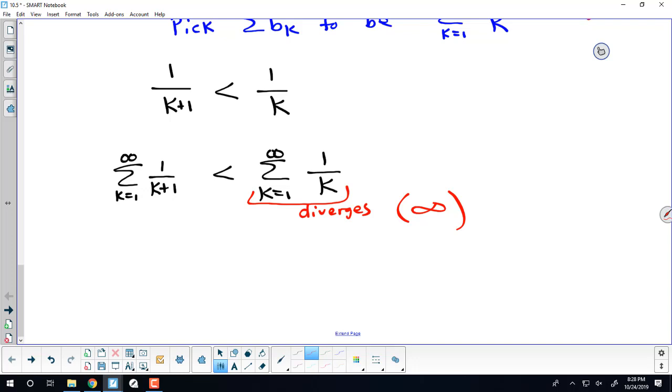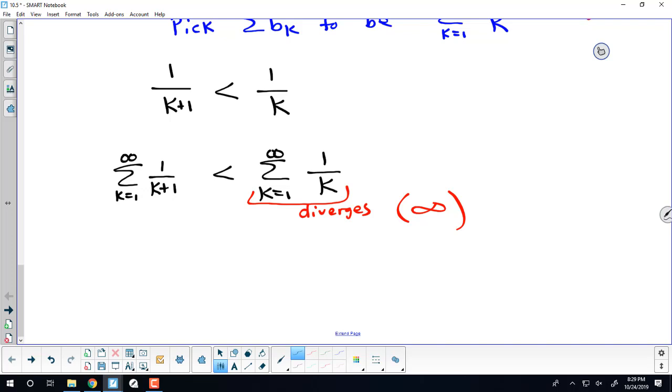Nothing, right? It's less than a divergent series just means it still could diverge itself, or it might converge. So basically, you don't have something good enough to compare it to. Then you might try to compare it to something else.